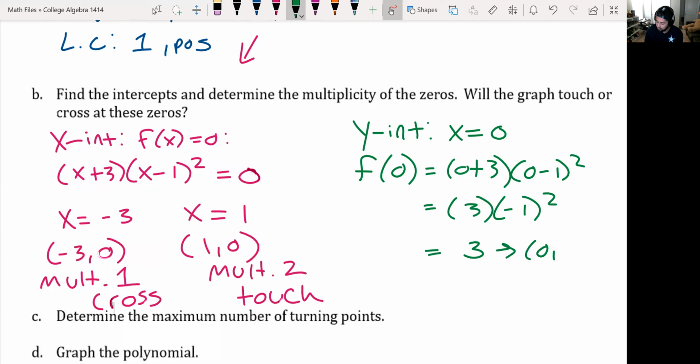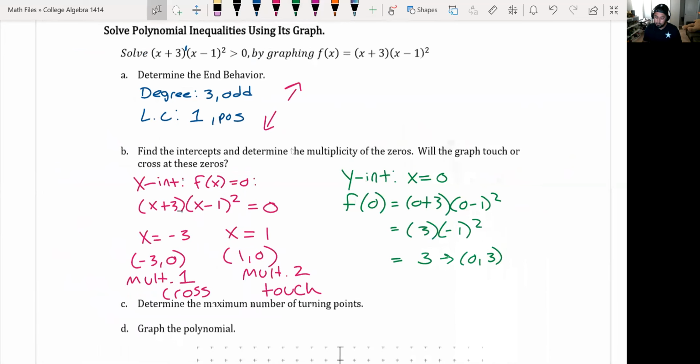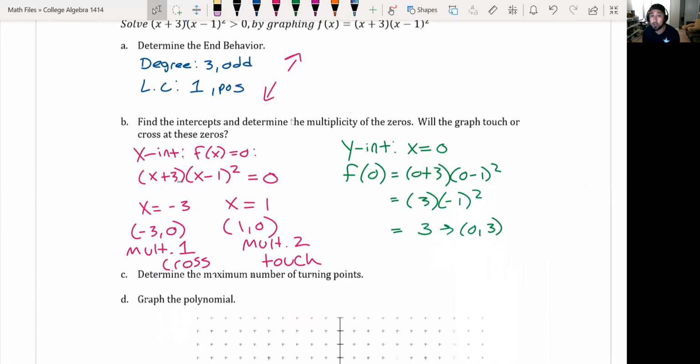So (0, 3) is our y-intercept. Hey, that wasn't bad. Next is the turning points. If the degree is 3, then our turning points is going to be 2.